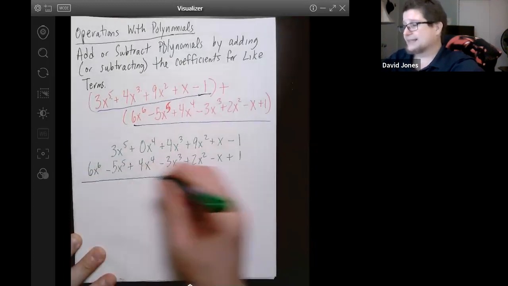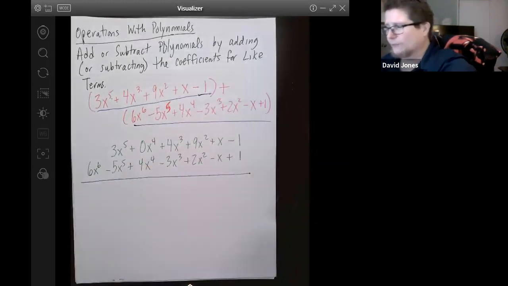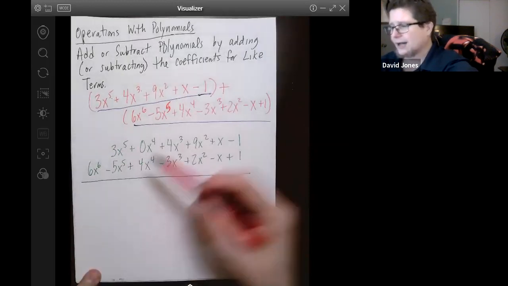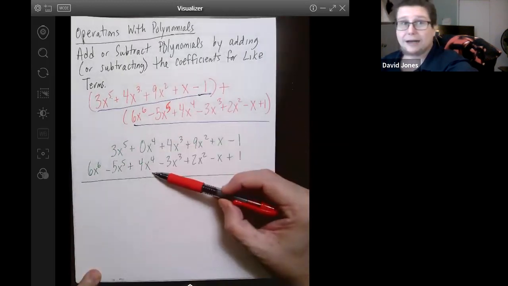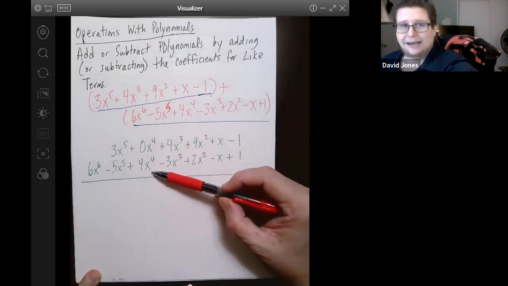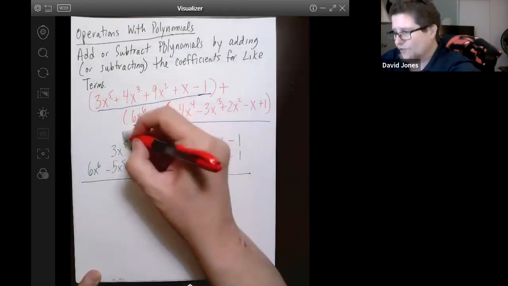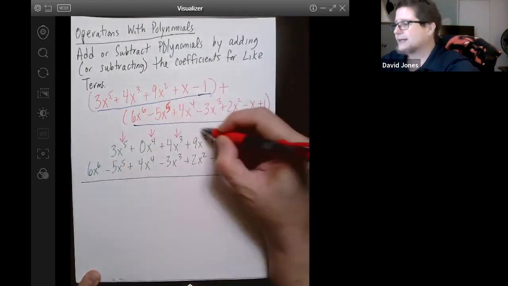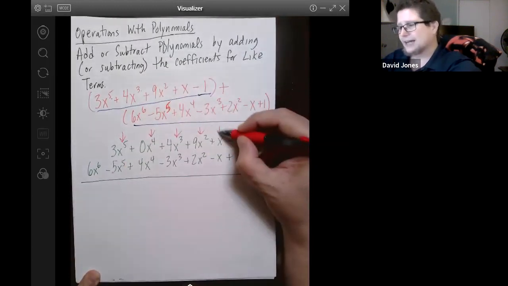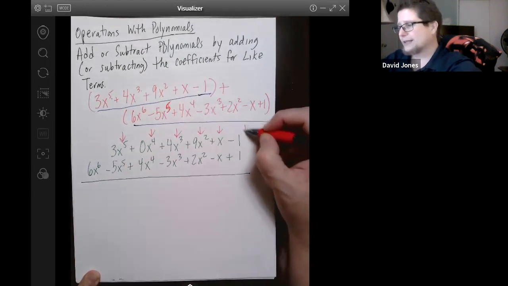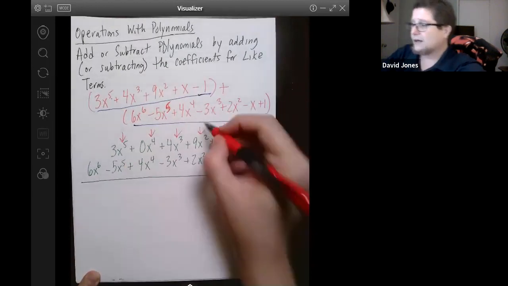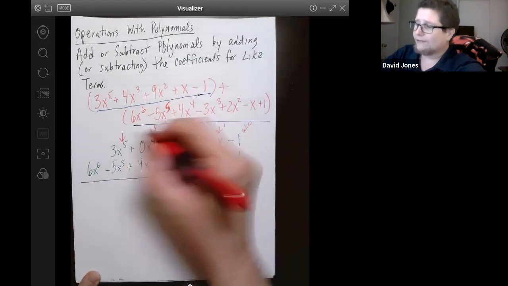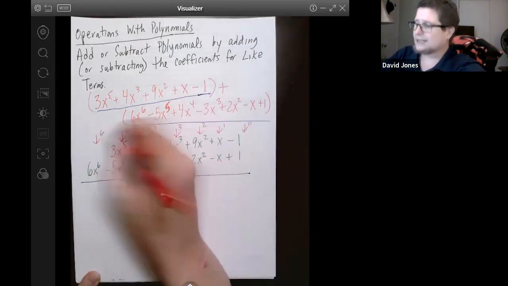When I add these up, hopefully it's a little clearer. By putting in a 0x to the 4th, I have something to line the 4x to the 4th up with. And notice that those variables are the same with the same exponent, exponent 1, exponent 0, 3, 4, 5, and exponent here is 6.